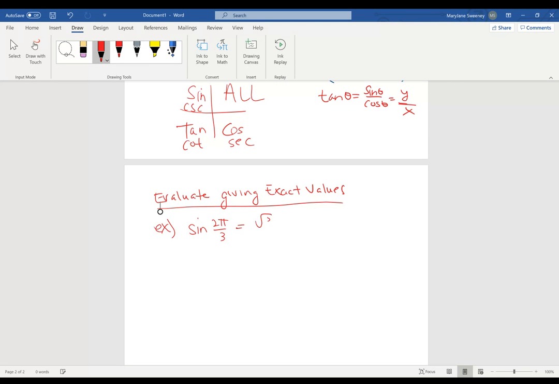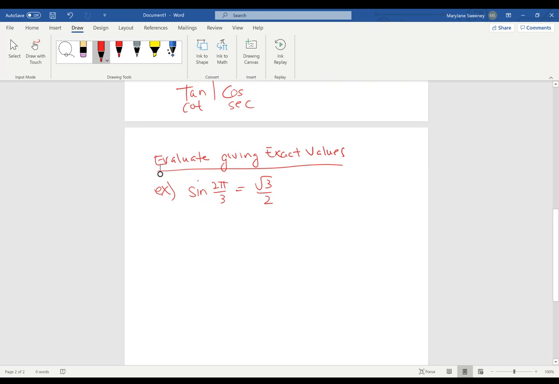Now, the one thing we have to determine is, is that positive or negative? So we have to know what quadrant the angle 2 pi over 3 falls in. Last year, what we often did is we would say, okay, what's close to 2 that's divisible by 3? And we would say 3.